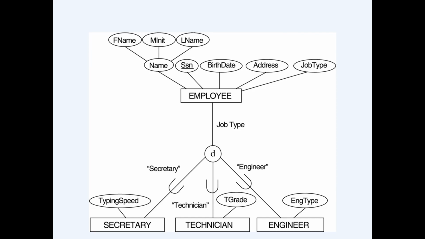Those who say you can create 2 tables, we can create 2 tables as well, based on the access criteria. If the access is based on employee number, then we can go with 2 tables, because the extended information is limited to a few properties like typing speed, technician grade, and engineering type. Okay.